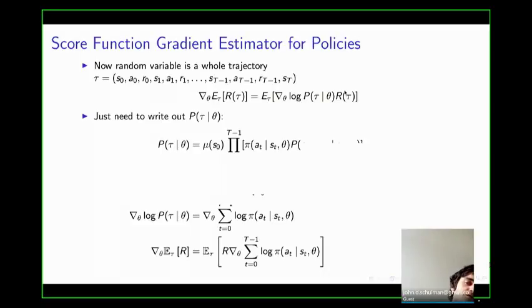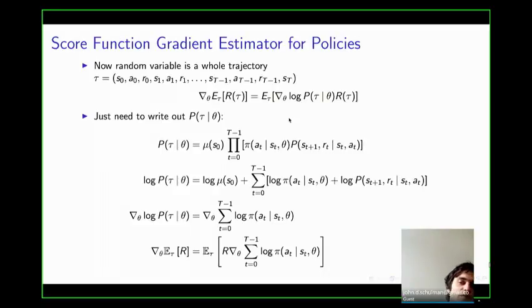That's not so useful by itself because we've got this probability of a whole trajectory. By the way, it's worth talking at this point about which quantities are assumed to be known and which are not known when we run our algorithm.